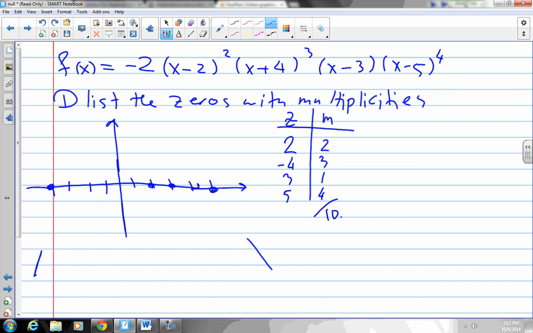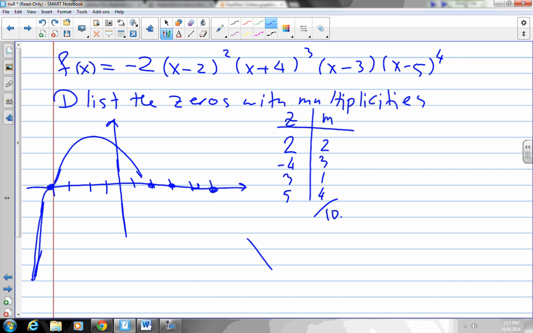Right? Okay. So now let's start connecting the dots. As I'm approaching negative 4, what's going to happen? How am I going to cross it, bounce off, wiggle? What's the multiplicity of negative 4? So it's a wiggle, right? So it's like a cubic. Then I need to turn around and hit positive 2. What's going to happen with positive 2?